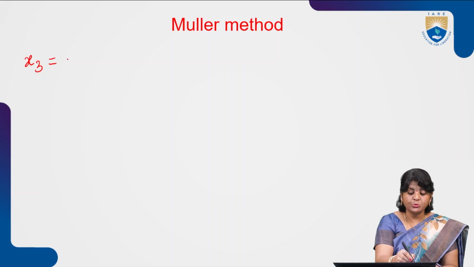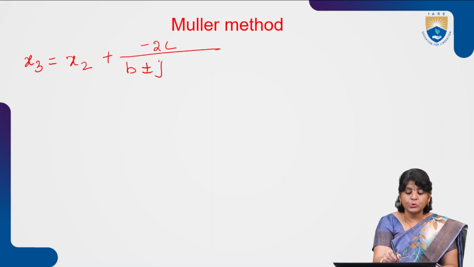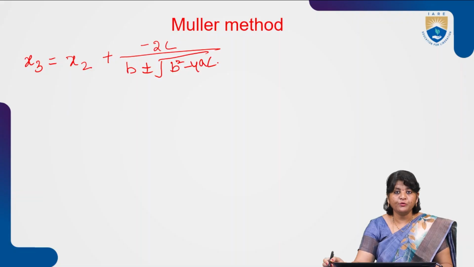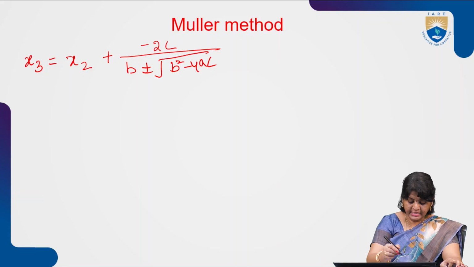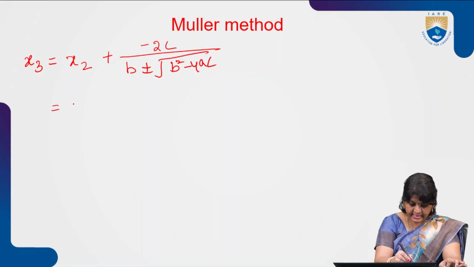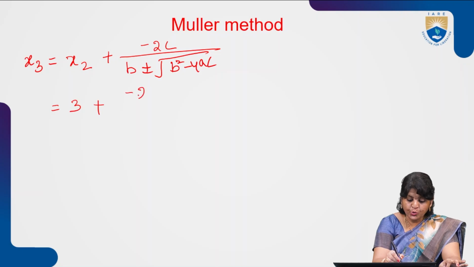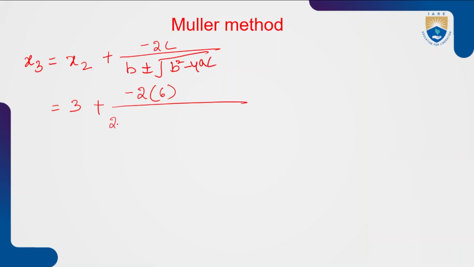So what is the x3 formula? x2 plus or minus 2c by b plus or minus root of b square minus 4ac. This is the formula to find the next root. Here x2 is 3, plus minus 2 into c value, f of x2, that is 6, divided by b value, 22.5.